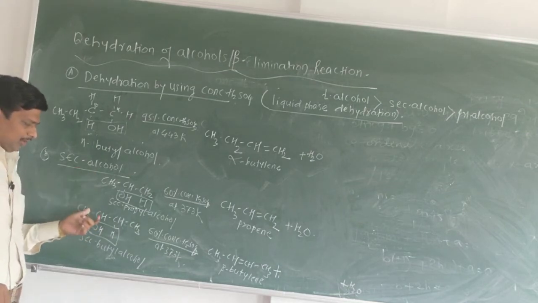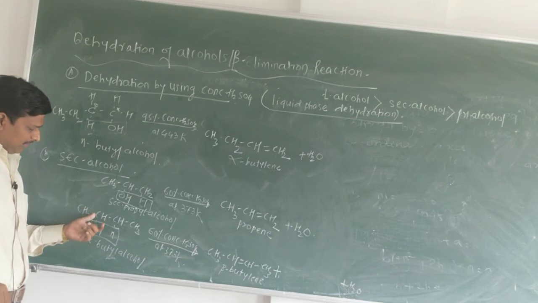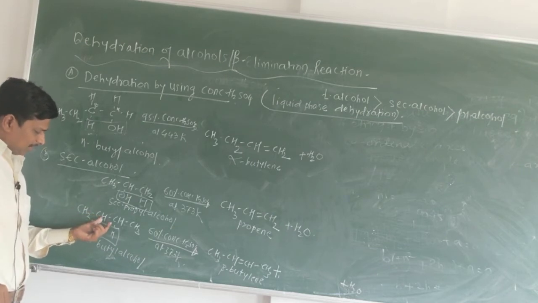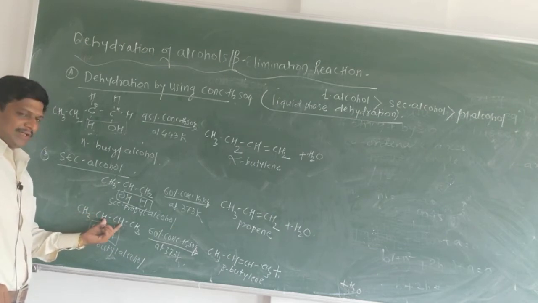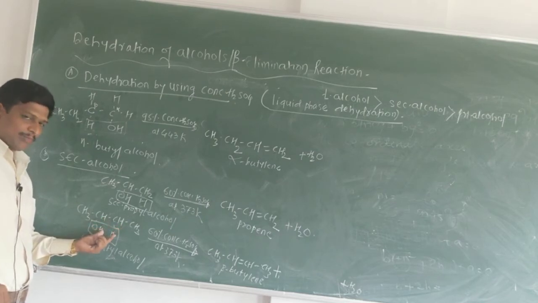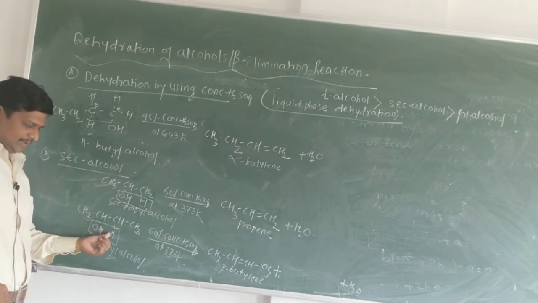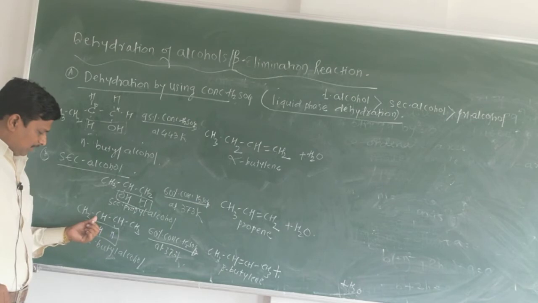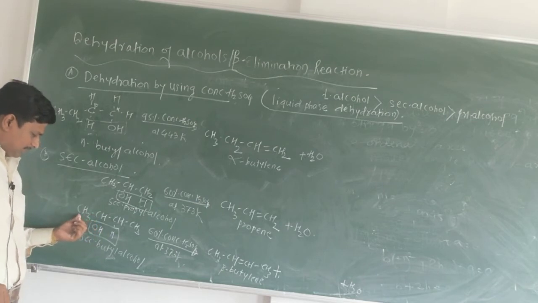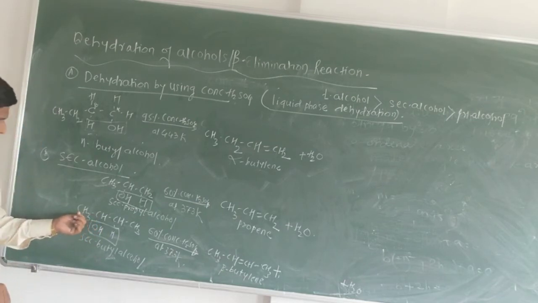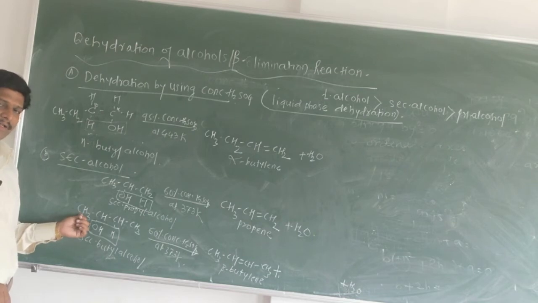But a very important point is that these two adjacent carbon atoms have a different number of hydrogen atoms. On this carbon atom two hydrogen atoms are present, and this adjacent carbon atom contains three hydrogen atoms.